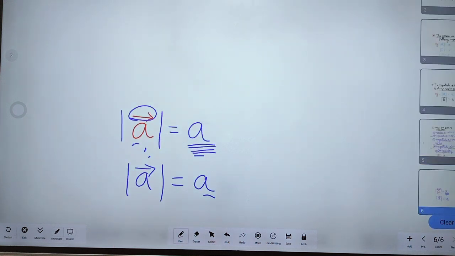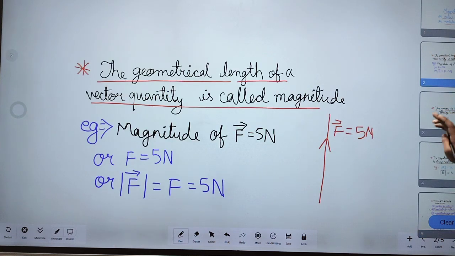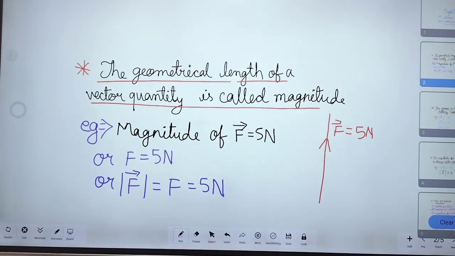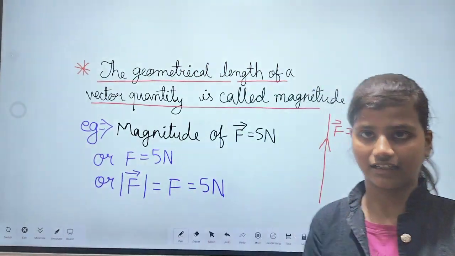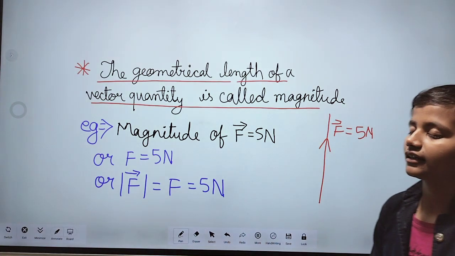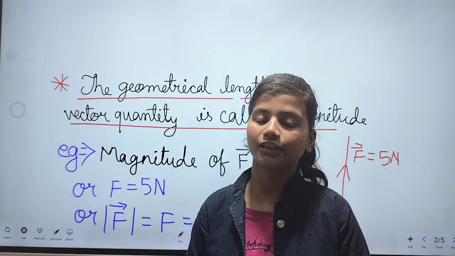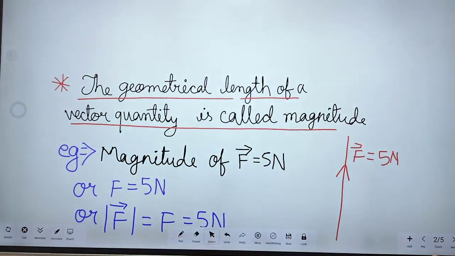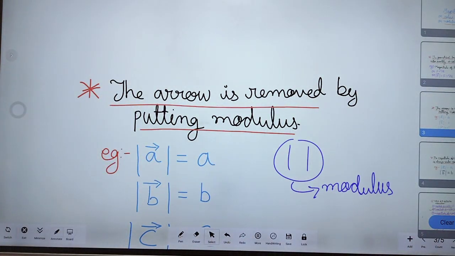Now I hope you understand what magnitude is. The simple meaning of magnitude is geometrical length. The geometrical length of a vector quantity is called magnitude. The main point is that the arrow is removed by putting modulus.